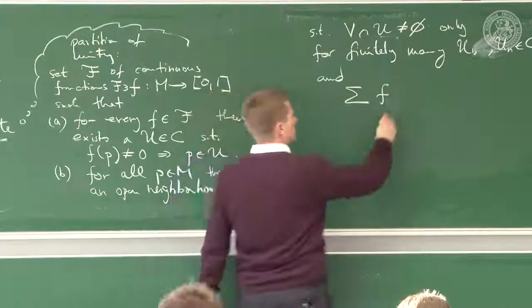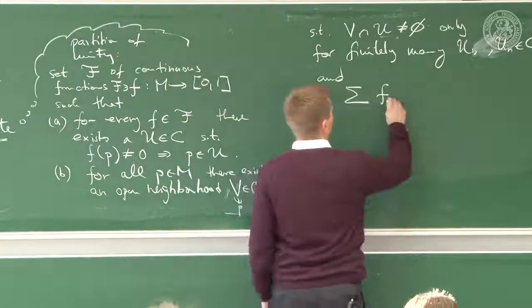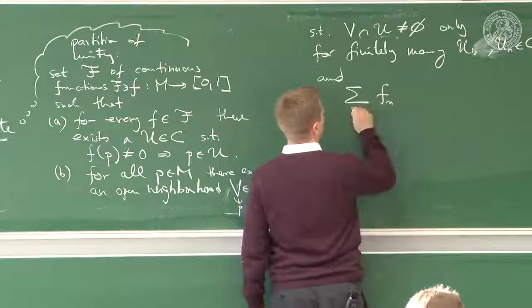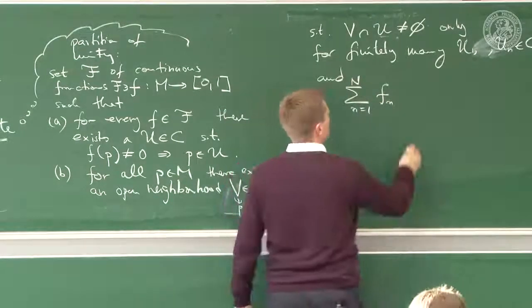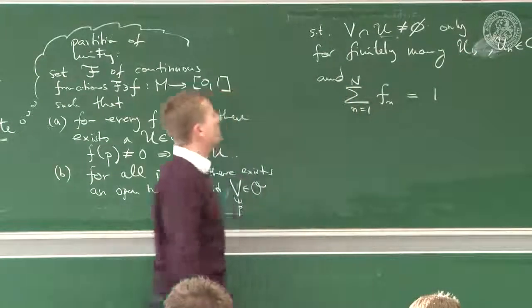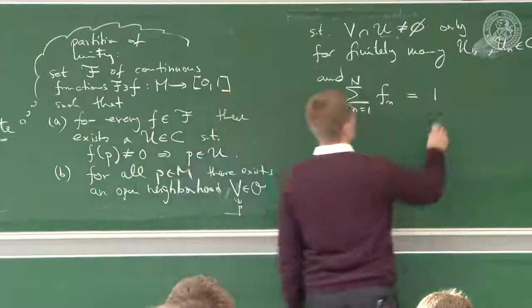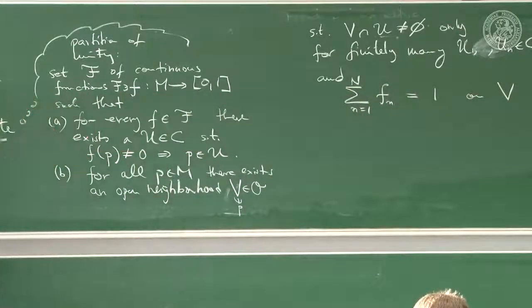And then you can look at the corresponding f1 to fn, and there are only finitely many, and you require that on V they always sum up to 1. And that's the partition of unity.